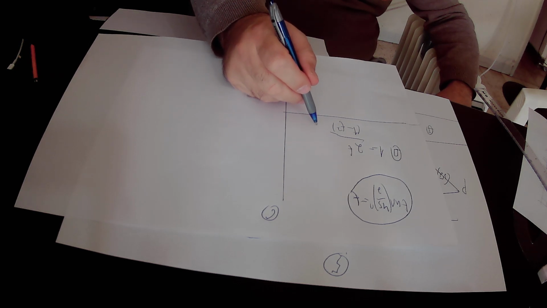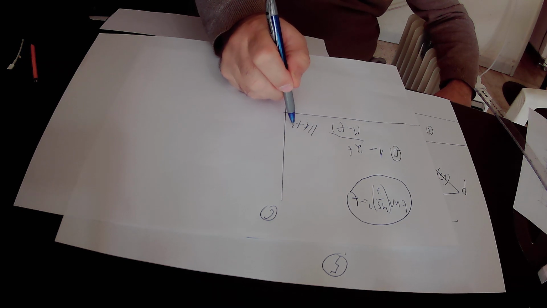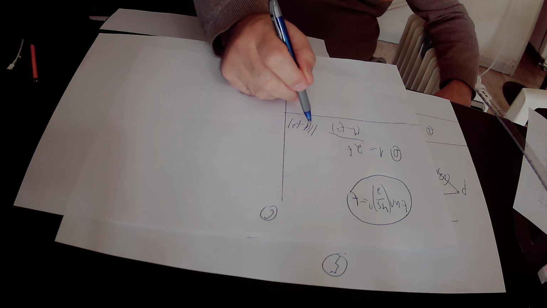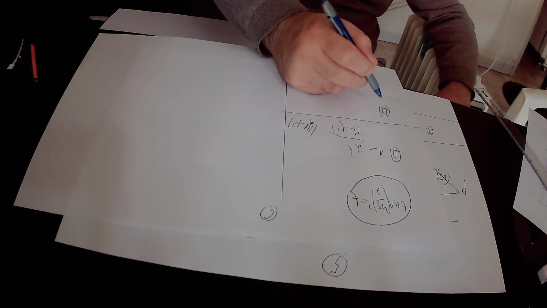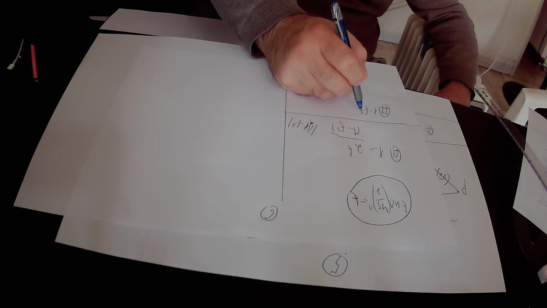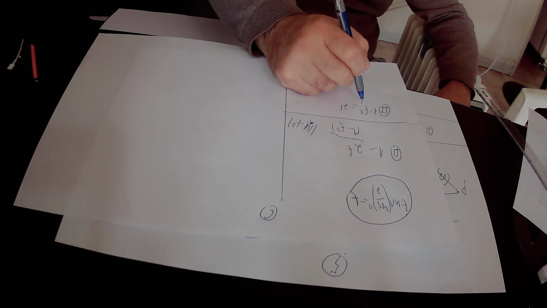Here we multiply this equation number 2 by 1 minus t square, and we get that according to equation number 2, 1 minus t square equals 2t.